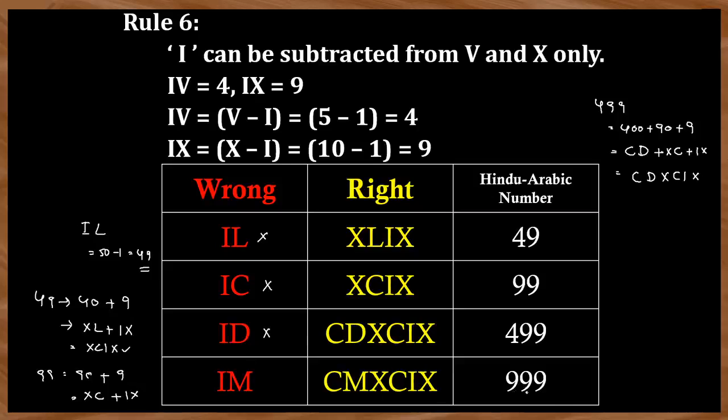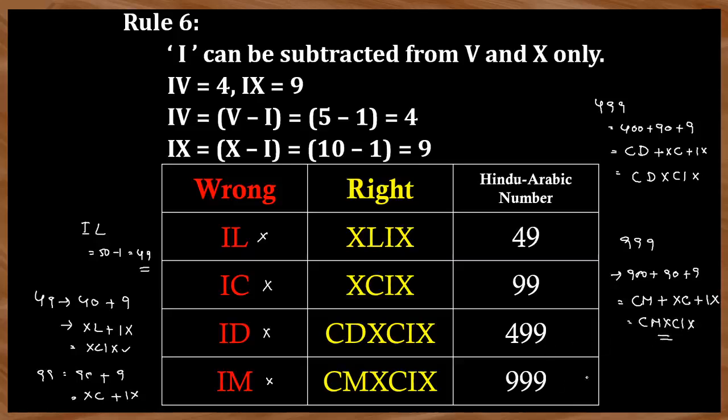To write 999 also, you should not subtract 1 from the 1000 like this. 999 means, if you expand this, 900 plus 90 plus 9. 900 means 1000 minus 100, which is CM. 90 means 100 minus 10, which is XC. 9 means 10 minus 1. So CMXCIX, which is 999.